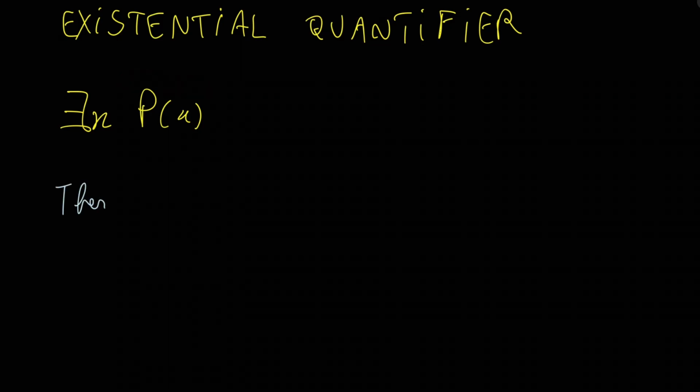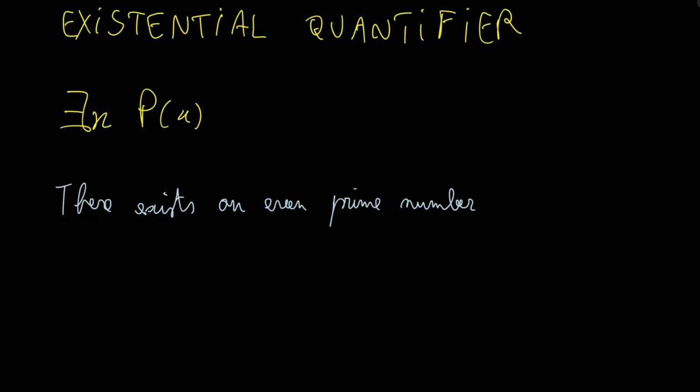For example, there exists an even prime number. This is true. Why? Because we can find at least one number that is even and is also prime. And that's enough. We don't have to go any further. Because again, when we're saying that there exists x, we're saying that there exists at least one x. If you can find at least one, then this is true.